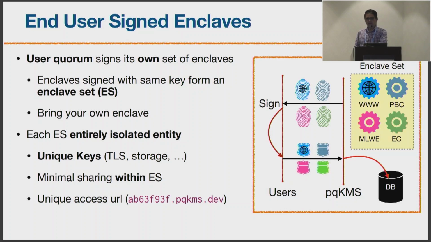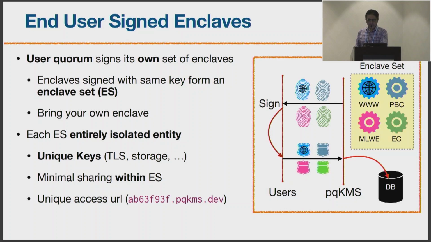Each of these enclaves, which are signed by the same user, they form an enclave set, and they are a logically isolated entity. So all these enclaves have their own unique keys. For example, they will have their own TLS keys.